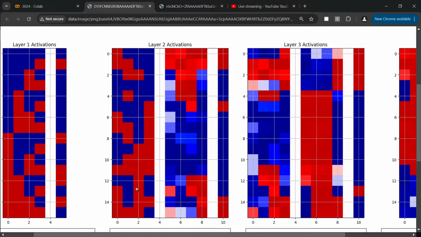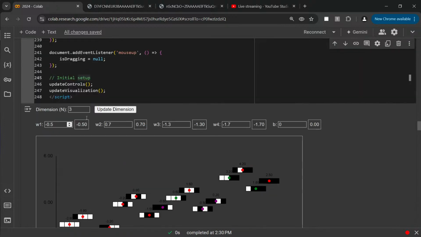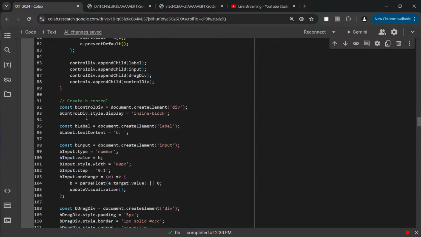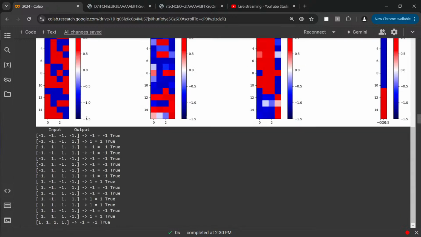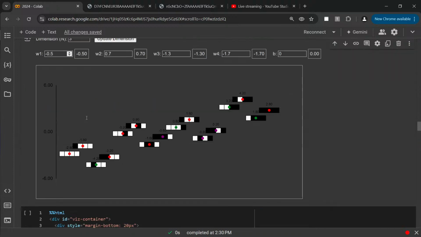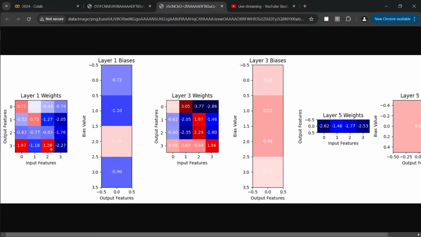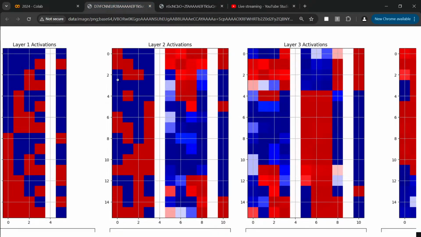And it turns out you can comprehend what it's doing. Okay, so let's look at what those weights are.